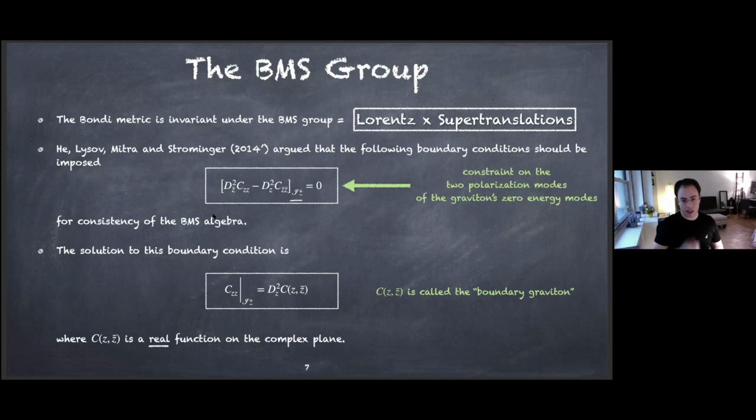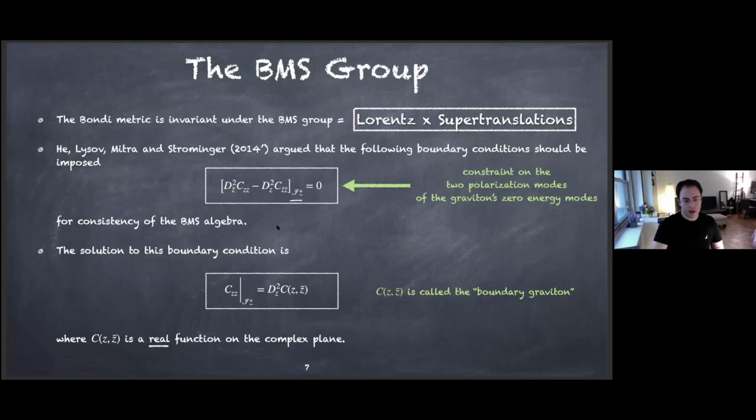In QED, for example, we know that the two polarization modes of the photon at zero energy are indistinguishable, and therefore we need to put some constraints that relate them and tell us that they are not independent degrees of freedom. And this is precisely what this boundary condition is doing in the setup of gravity and asymptotically flat spacetimes. So it's not a big surprise.